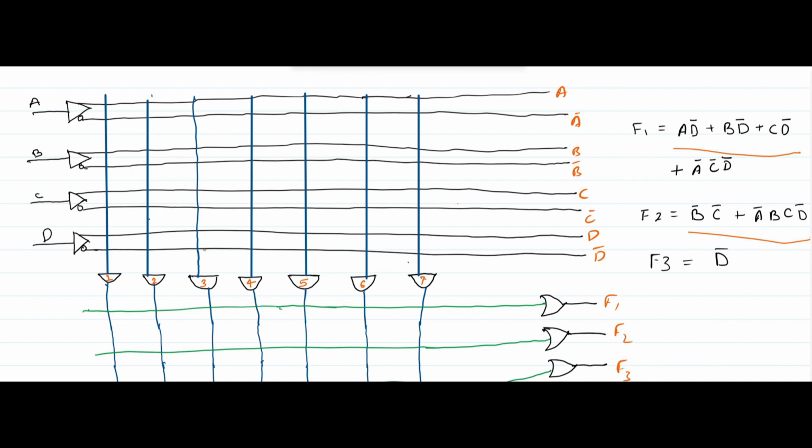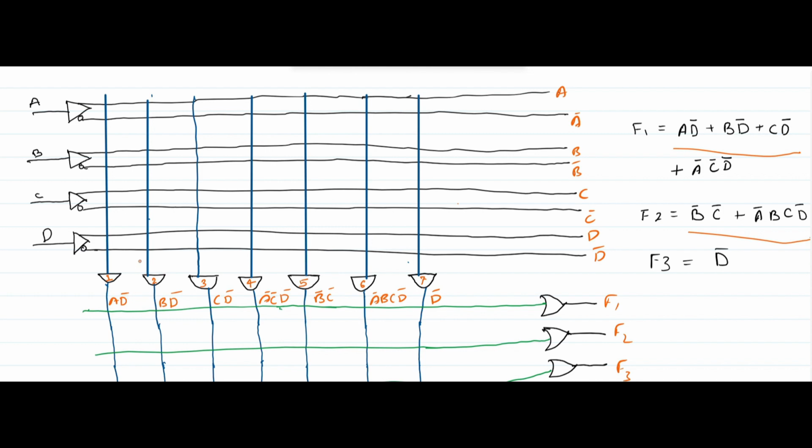So from these 4 I may get f1. So I need a d bar, then b d bar, then c d bar, a bar c bar d bar. These are the required outputs from the AND gates, right? Then b bar c bar, a bar b c d bar, and from here I need d bar.